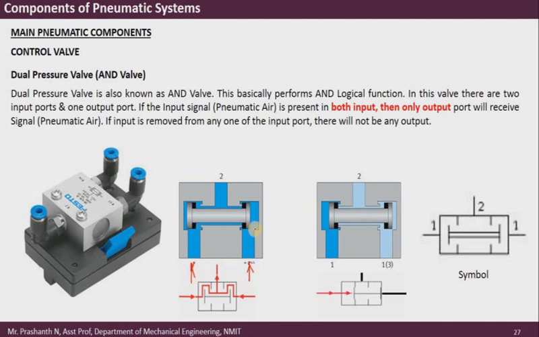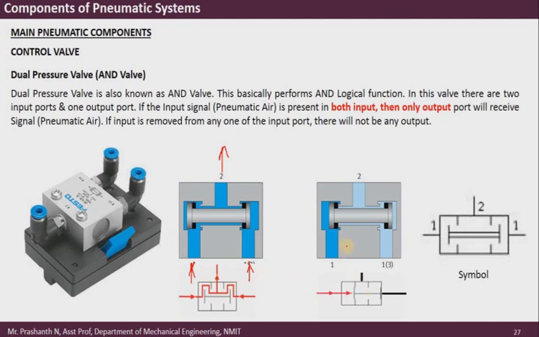When I apply air pressure to both the inputs, the spool will be positioned somewhere in the middle, and as a result you can see the air will pass through from both the ports, and it will merge and be passed to the output. So the output is obtained when both inputs are present.